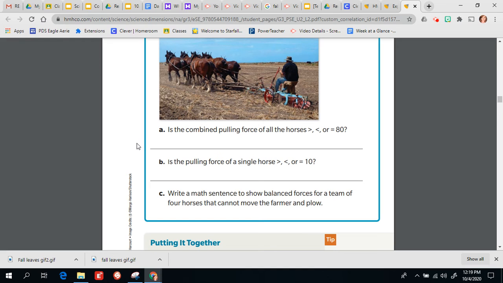B. Is the pulling force of a single horse greater than, less than, or equal to 10? C. Write a math sentence to show balanced forces for a team of 4 horses that cannot move the farmer and plow.